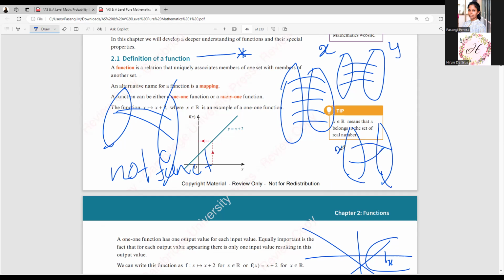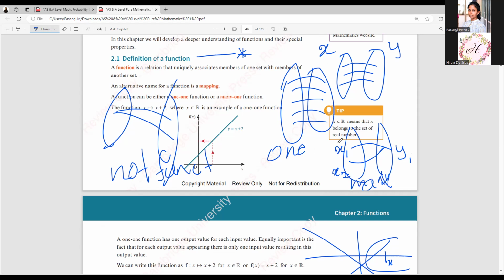Like this, for both x1 and x2 input values, we have only one y output value, but it's still a unique one. It's not mapping to multiple output values. For this kind of situation, we call it one to one. For this kind, we call it many to one.